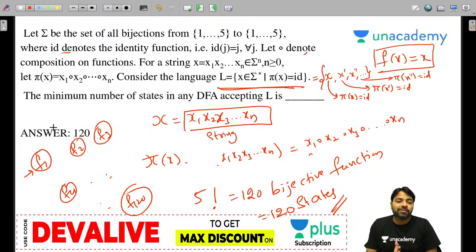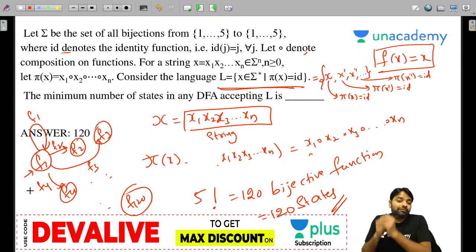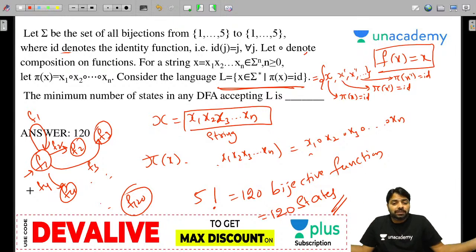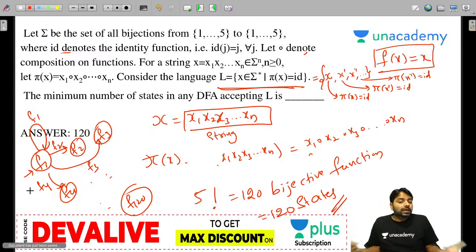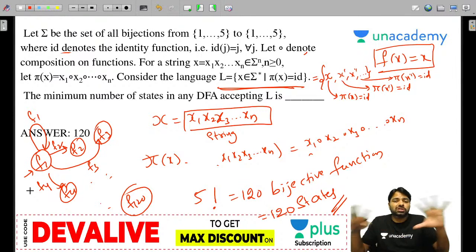F1 followed by F1 is F1, F1 followed by F2 is F2, F1 followed by F3 is F3, and F1 followed by F4 is F4, and similarly you will do. But from F2 it takes much time, because you should clearly know what F2 followed by F3 gives. F4 may come, F5 may come. First you have to assume 120 functions.